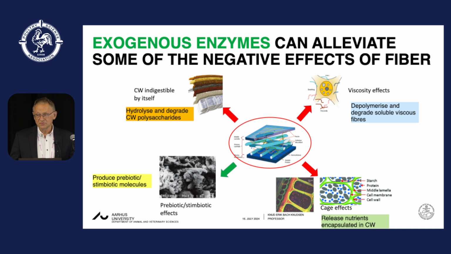They can act on the cell walls encapsulating nutrients, and thereby make part of those nutrients available. And they can help to produce prebiotics, symbiotics, and thereby influence the microbiota and potentially also the overall availability of the nutrients from a feed.